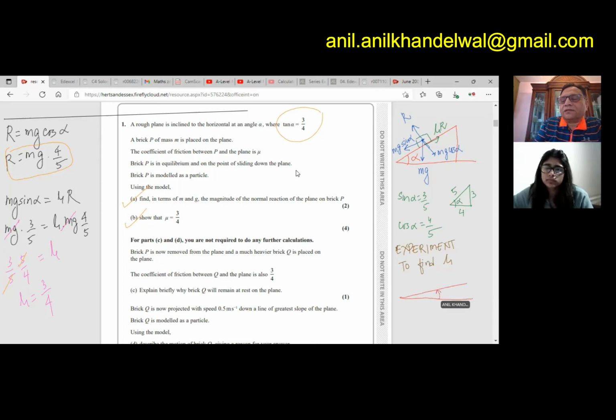Let's say this angle theta, right? So you keep on turning till the mass actually begins to slide. As soon as it begins to slide, you find rise over run, right? And that gives you mu.